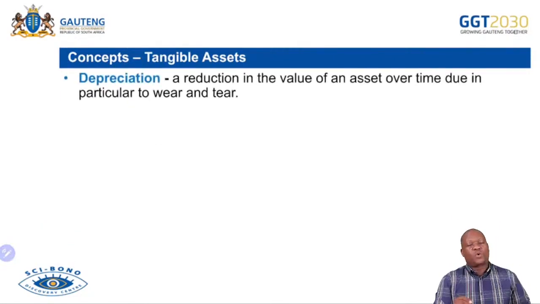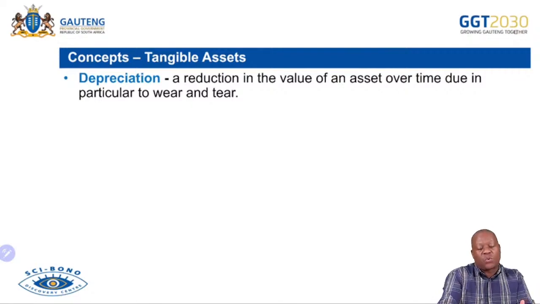Now, we need to look into concepts that we are going to be referring to as we go through this topic on tangible assets. The first thing, I think we already looked into this briefly, is depreciation. What is depreciation? That is the reduction in the value of an asset over time due to wear and tear. As you are using it, it's losing value. So the reduction in value, we refer to that as depreciation.